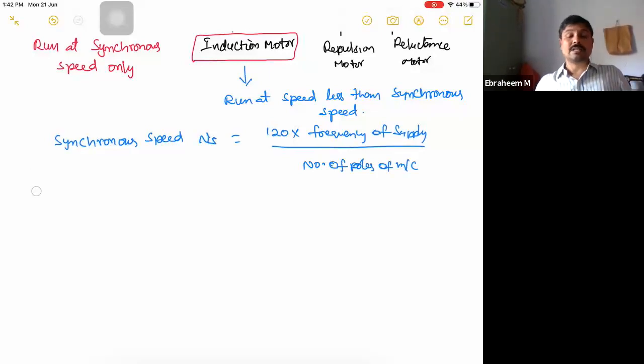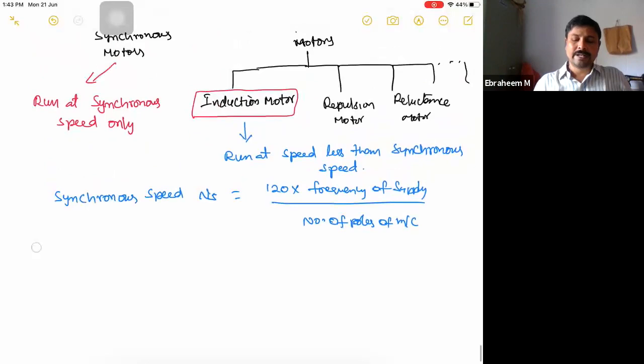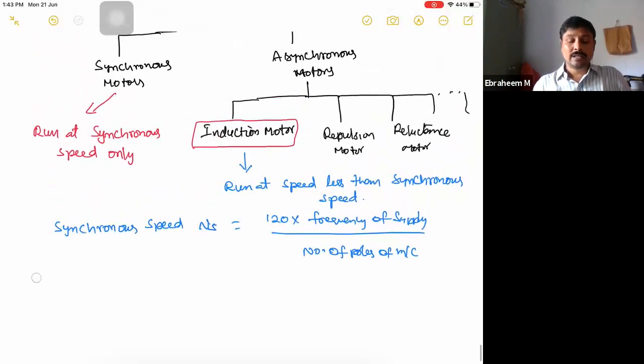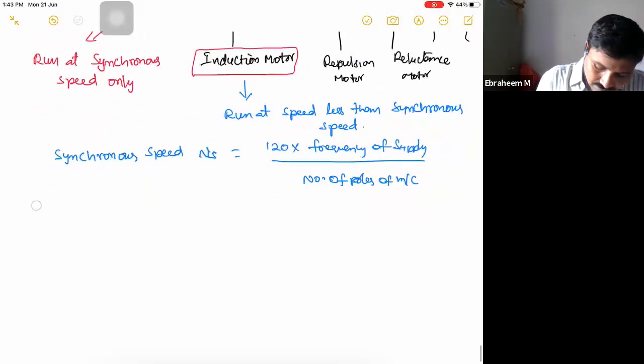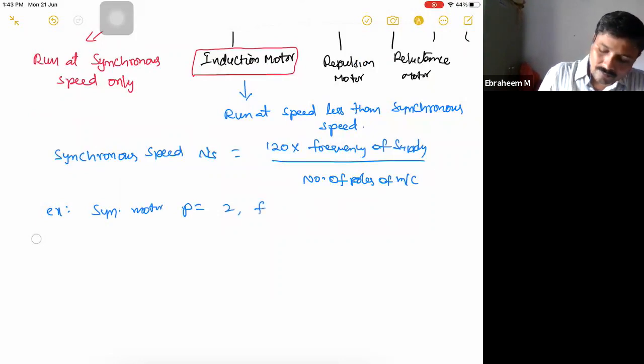For example, you have a synchronous motor with P equal to 2, F equal to 50 Hz.